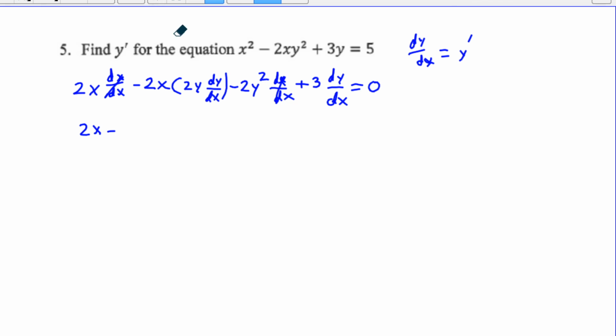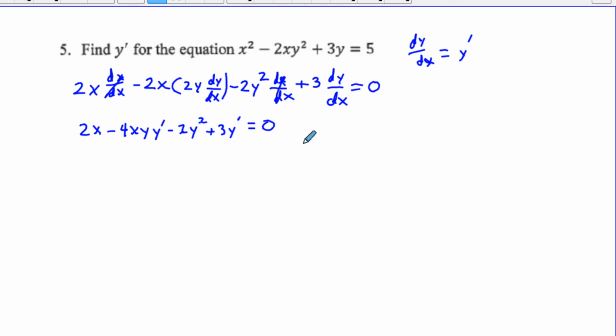So 2 times 2, so we have minus 4xy y prime, and then we have minus 2y squared, and then we have plus 3 y prime is equal to 0.